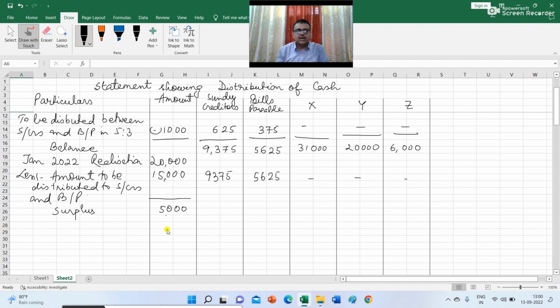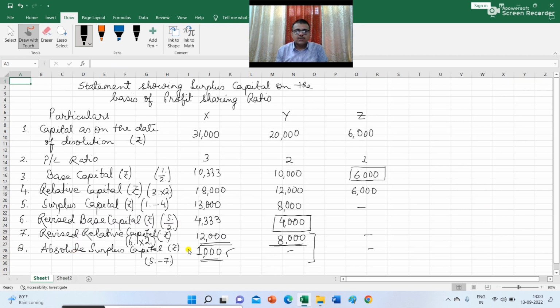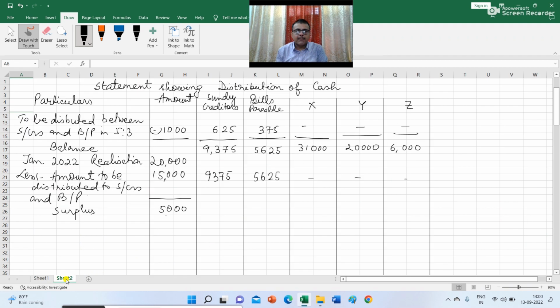Now from this 5,000, first of all, we have to pay the absolute surplus capital that we have computed in table 1. So 1,000 will be paid to partner X. So we are going to disburse rupees 1,000 to partner X. Then balance of rupees 4,000 will be disbursed to X and Y in the ratio of 3:2.